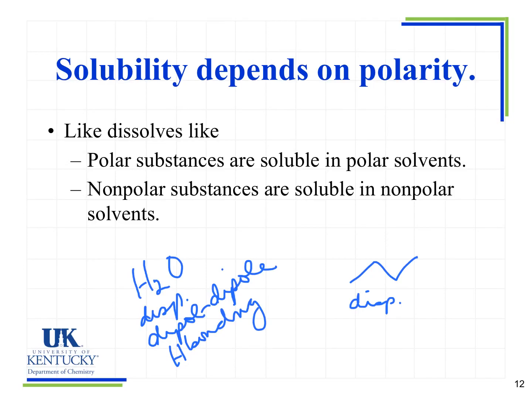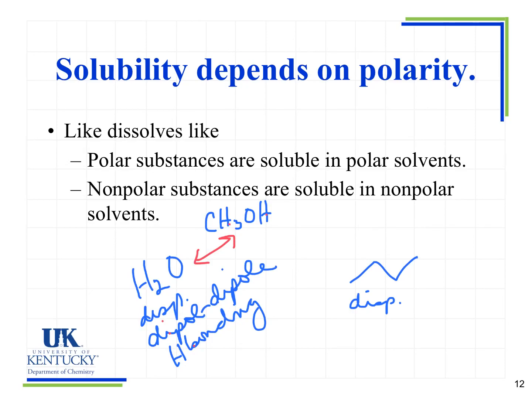So these are not going to interact with one another. They're not going to be soluble in one another. Water wants to look for something that has similar properties to water. So if I looked at something like methanol, these two would mix great together, because water has dispersion forces, dipole-dipole forces, and hydrogen bonding.